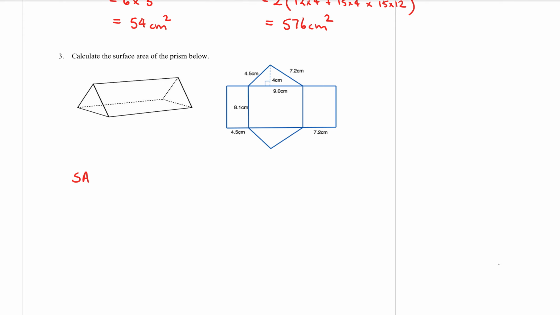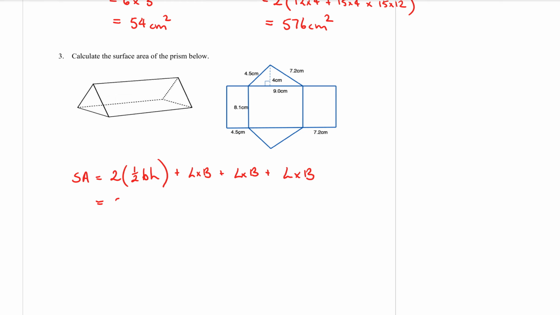So surface area equals, I have got 2 triangles, so 2 lots of half base times height. Then I have 3 rectangles, so that's going to be L times B plus L times B plus L times B, 3 different rectangles.